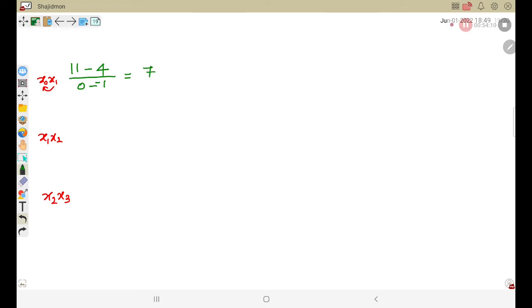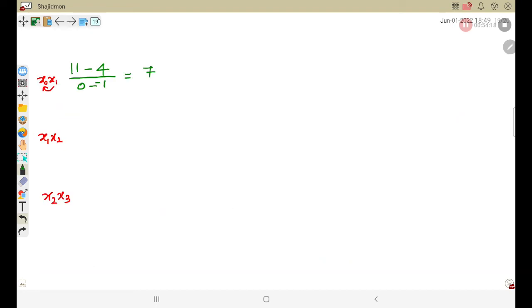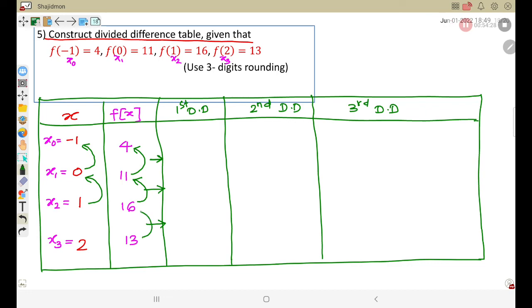Now x2 and x1: 16 minus 11, divided by 1 minus 0. You can check, it is equal to 5. After that, 13 minus 16, divided by 2 minus 1.